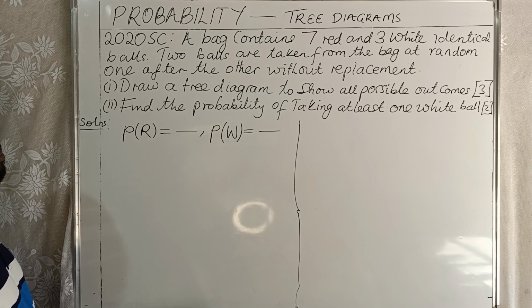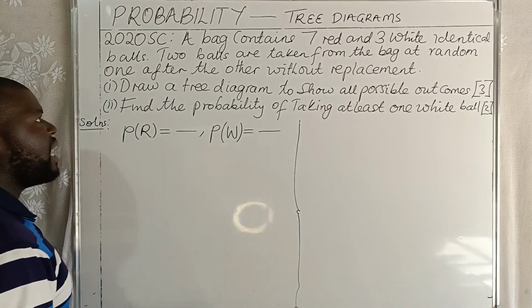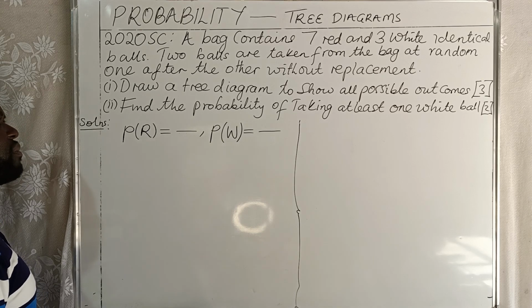Okay, so the question is testing our capacity in generating tree diagrams when we are given conditions. We are told in this particular bag there are 7 red and 3 white identical balls.